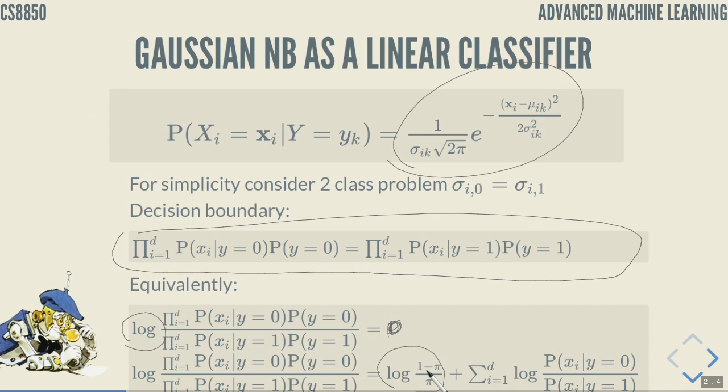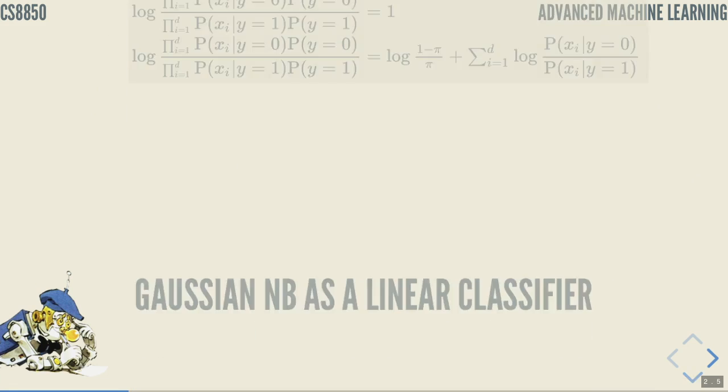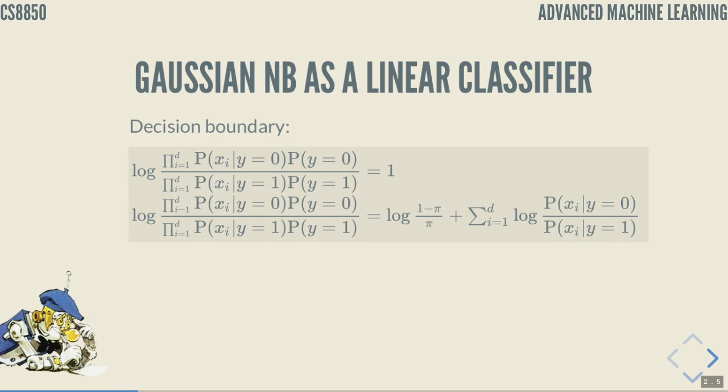This is the log of our priors, log ratio, and we have a sum of log of ratio of probability likelihoods. So this is called the likelihood ratio. Let's see what happens next. Okay, this is a little bit more interesting or clearer form.